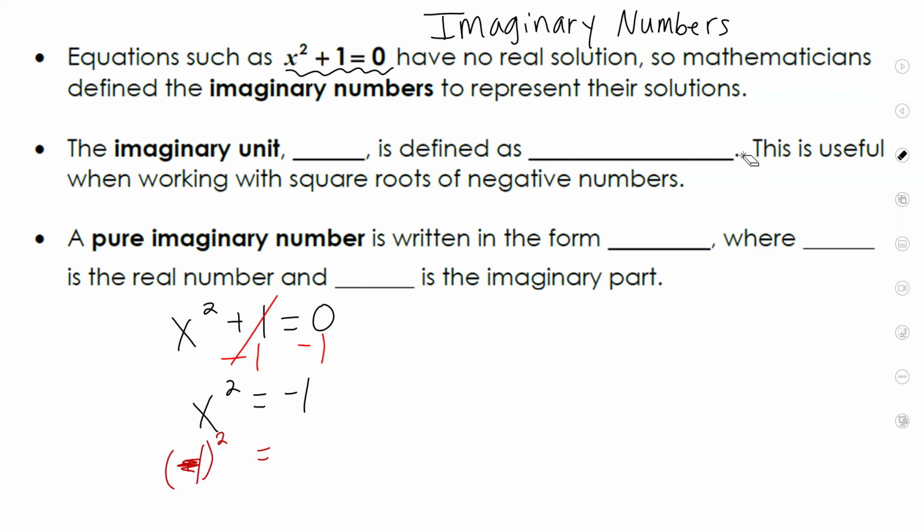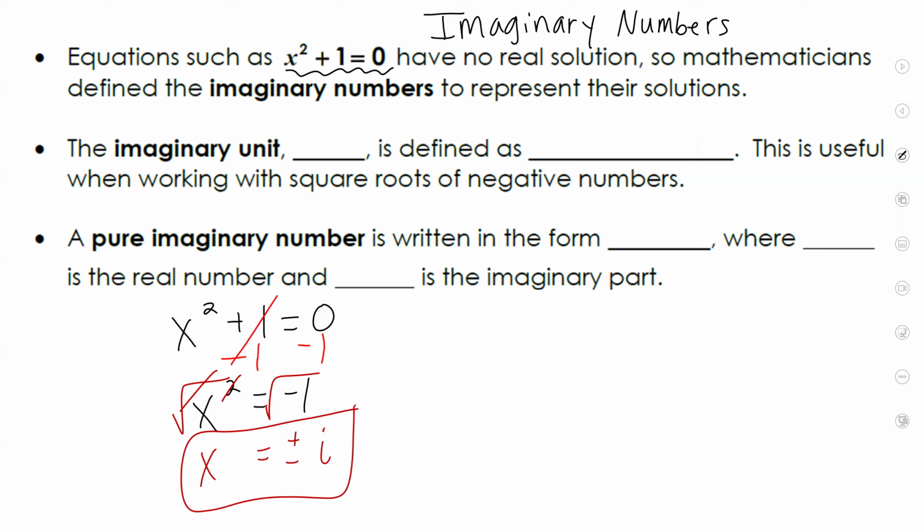So what we're going to have to do, since I know the answers aren't 1 or -1, is take the square root of both sides. We'll have x equals, and now we have an imaginary number here. This is where they come into play. The answer is i. So that's the definition of an imaginary number.